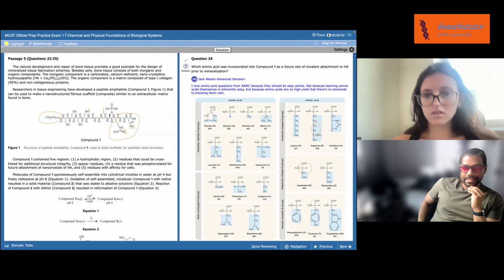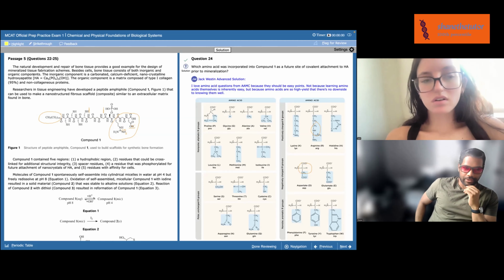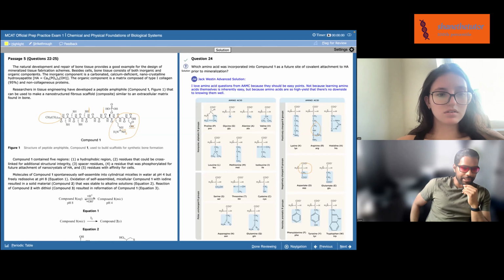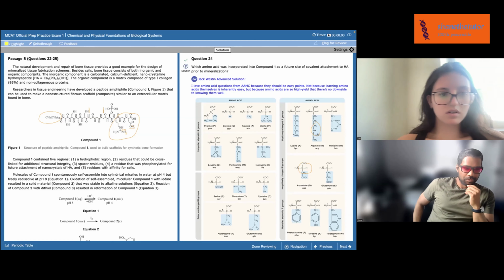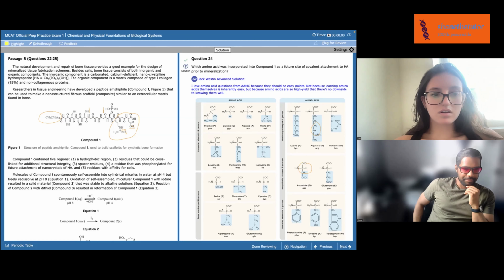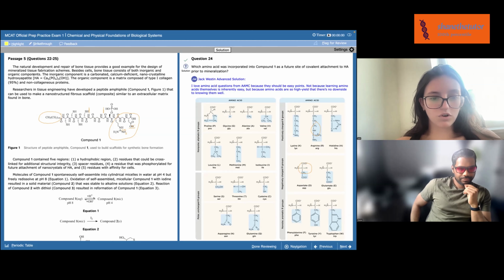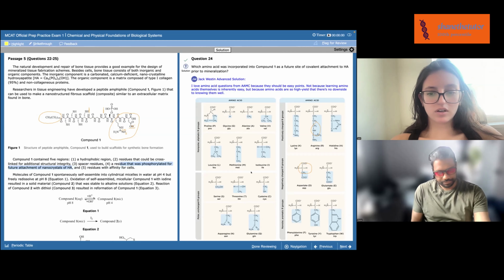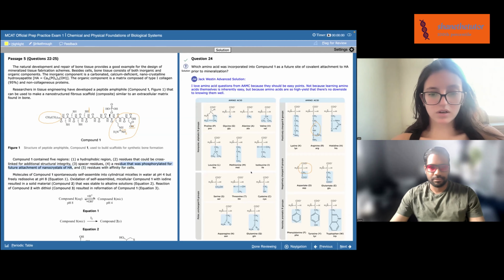So it has to be something in compound one, right? Yes. So why don't you read where it tells you what compound one consists of? Hydrophobic residues that can be cross-linked for additional structural integrity. Oh, residue that was phosphorylated for future attachment of HA. Yep. The phosphorylated region.